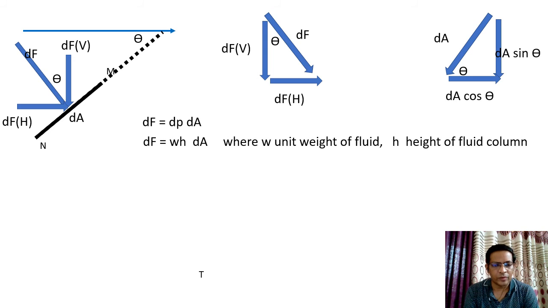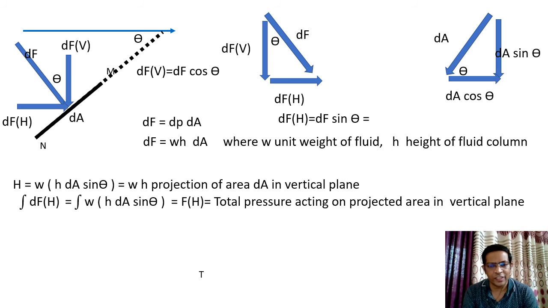By the hydrostatic law, pressure is W into H, where W is the unit weight of a fluid and H is the height of the fluid column. So dFv equals dF cos theta and dFh equals dF sin theta.